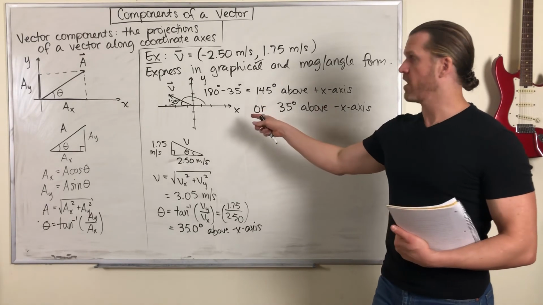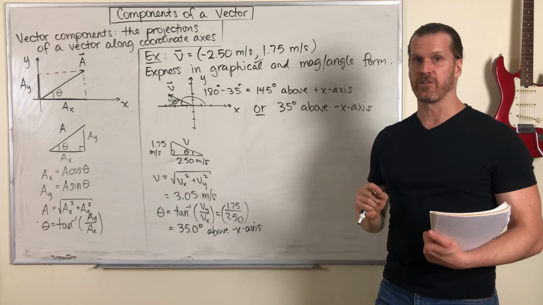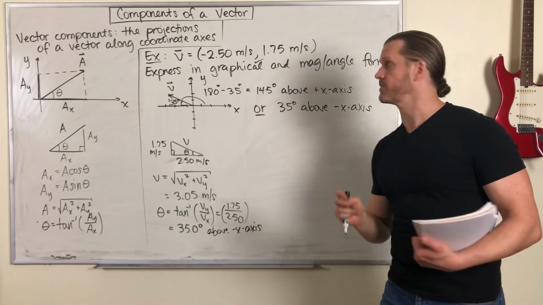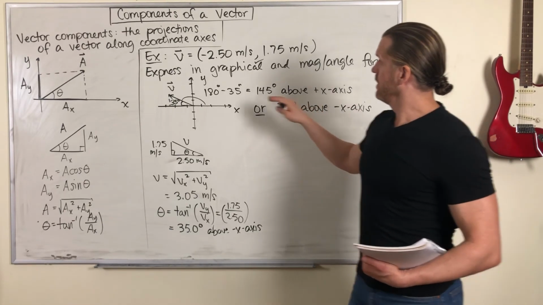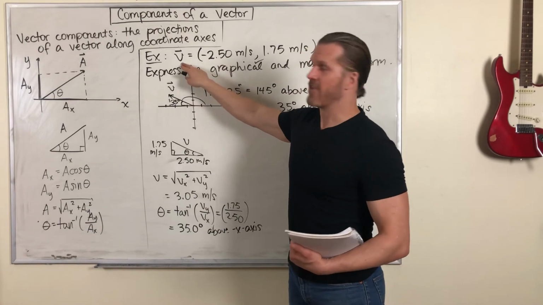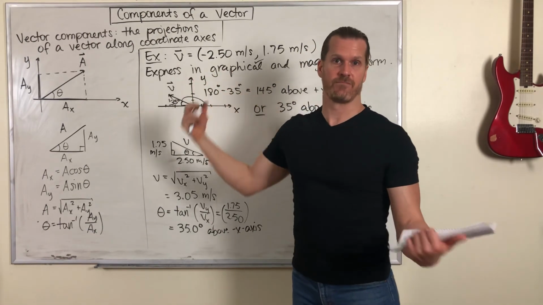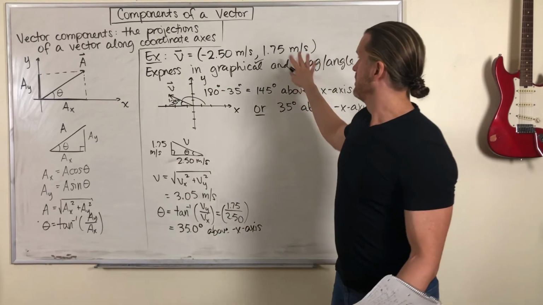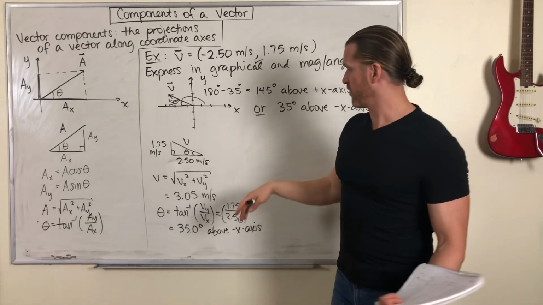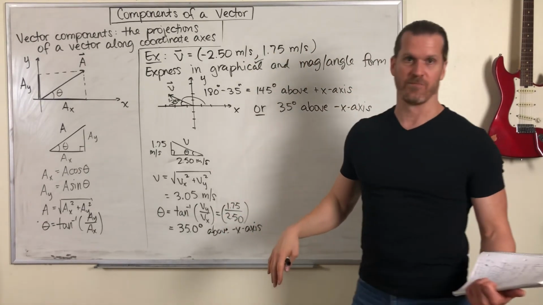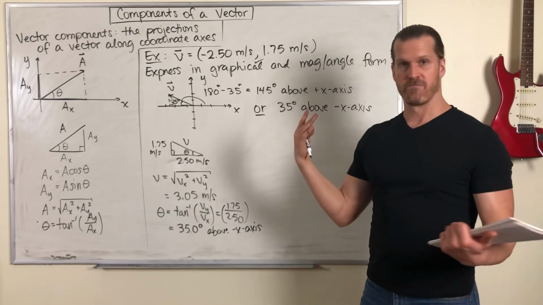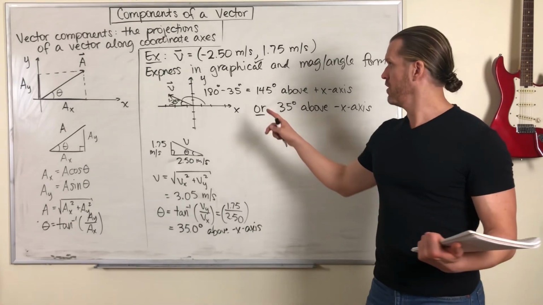Now I want to make one more comment about this example in particular, where we started out with a velocity. This is a velocity vector. It has a direction. Whether you express it in component form or magnitude angle form or graphical form, it's pointing in a certain direction.